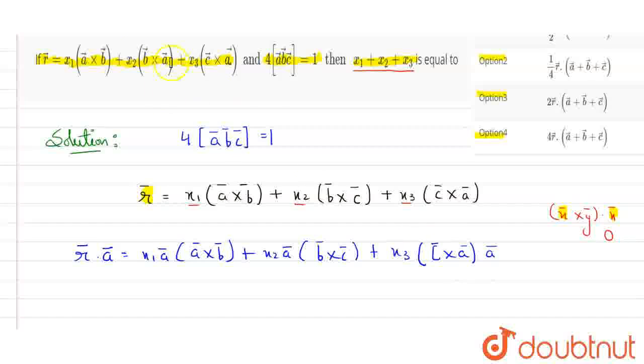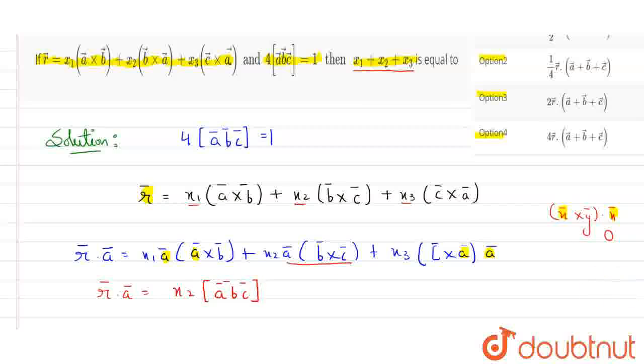So look, as I told you in the formula, here I am getting a vector outside and inside, and here also I am getting it outside and inside, okay? So these two terms will be 0. So r dot a will be equal to x2 times a dot (b cross c), we know this, how to represent it as [a b c], okay?